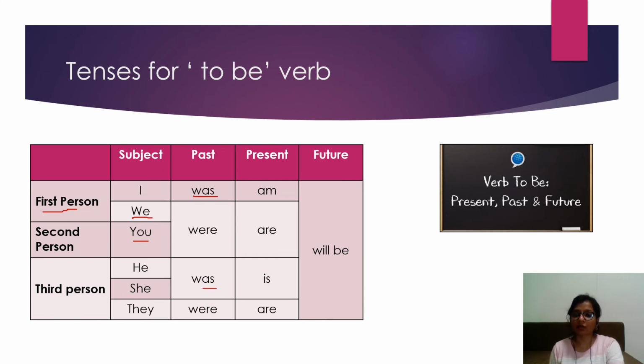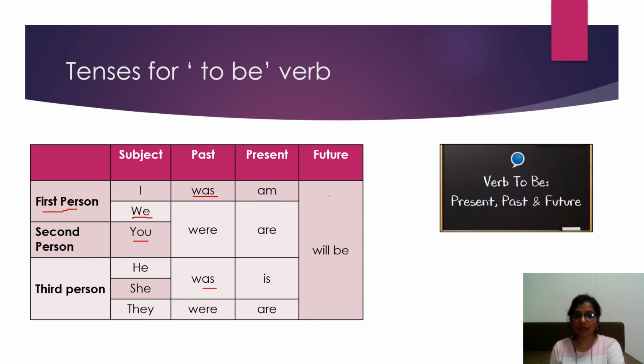But when it goes to the plural noun, when I'm referring to more than one person, I will say they were talking about something. Will be, the future tense, remains same across all these persons. It does not change.